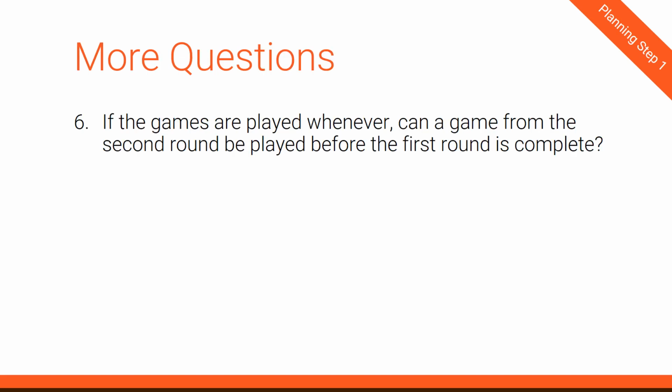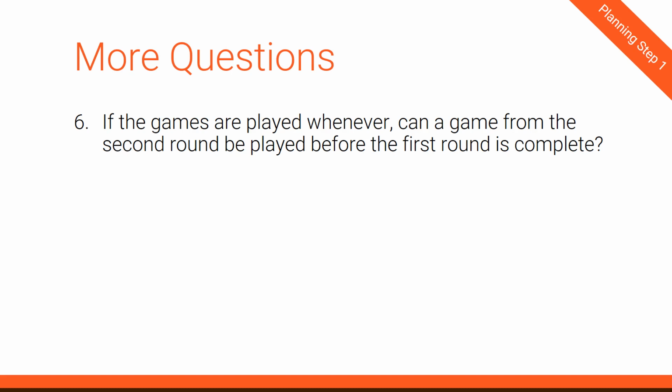If the games are played whenever, can a game from the second round be played before the first round is complete? Okay, so this won't work real well with my example of 2 games in the first round, 1 game in the second round. But what if we had a pre-round, where the true first round is 4 games, and then the next round is 2 games, and the round after that is 1 game.